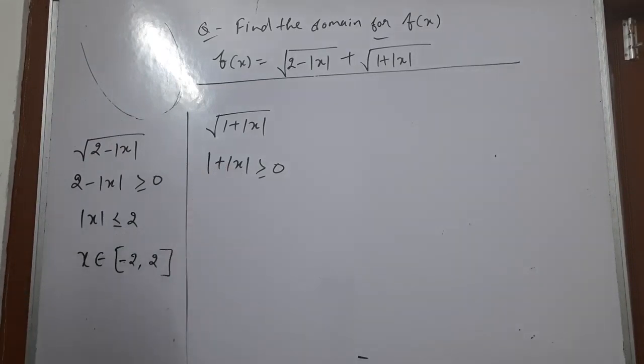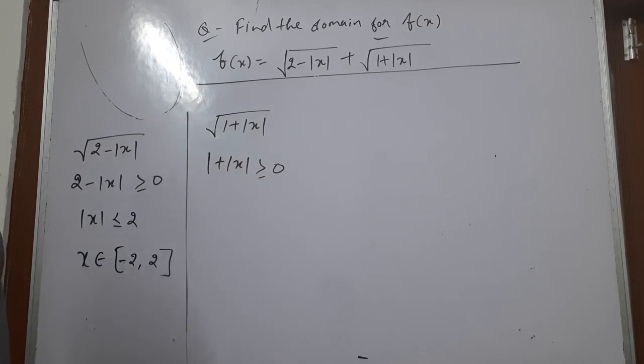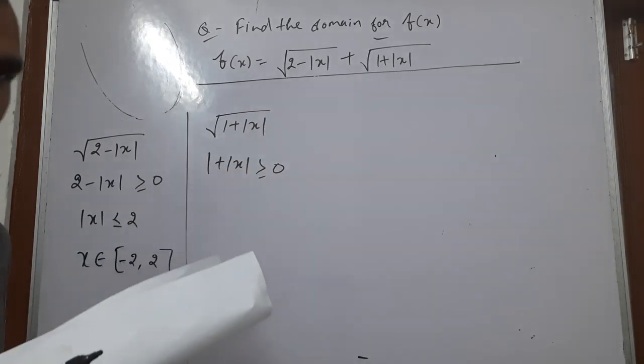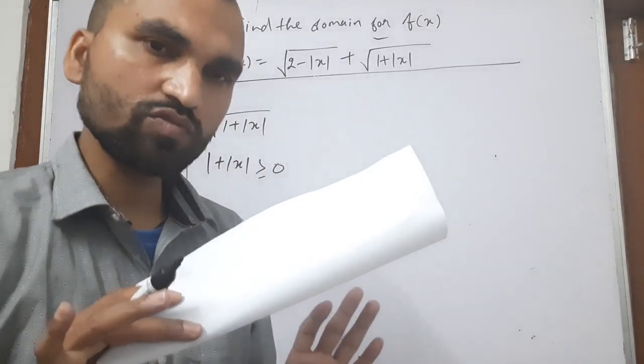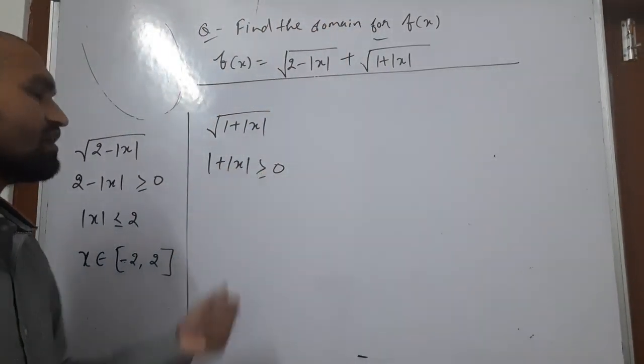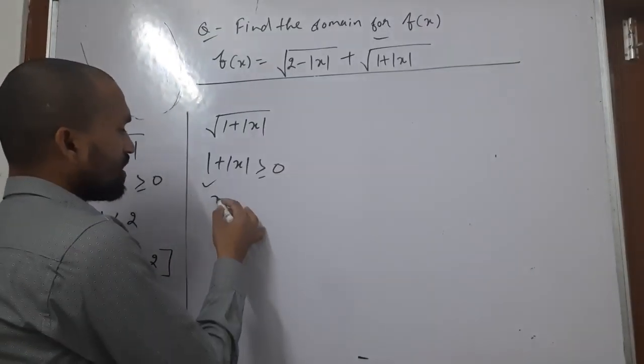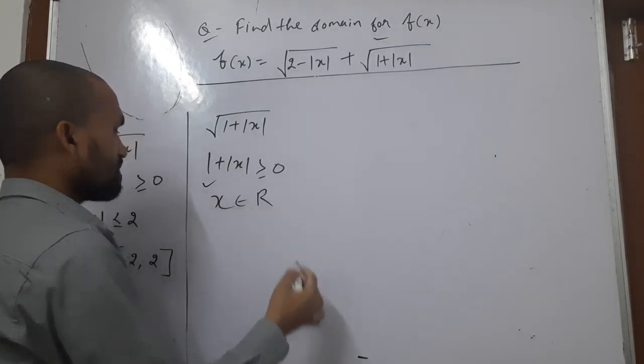If we add 1 to a non-negative value, it will always be greater or equal to 0. So this inequality holds for every value of x, so it is true for all x belonging to the real numbers.